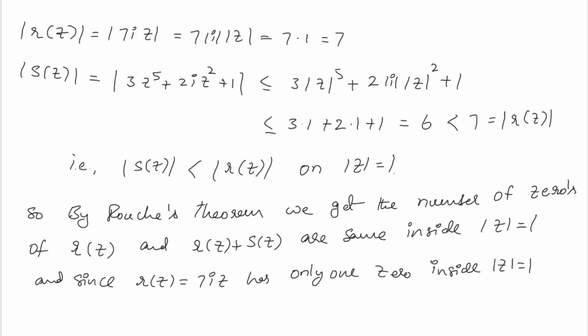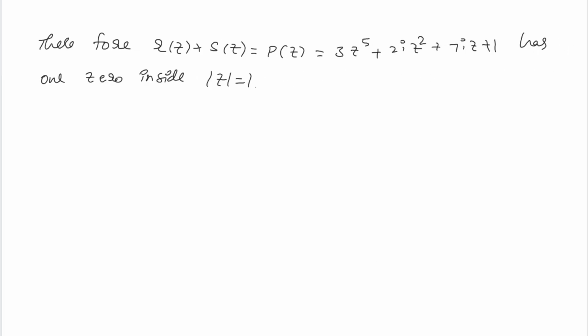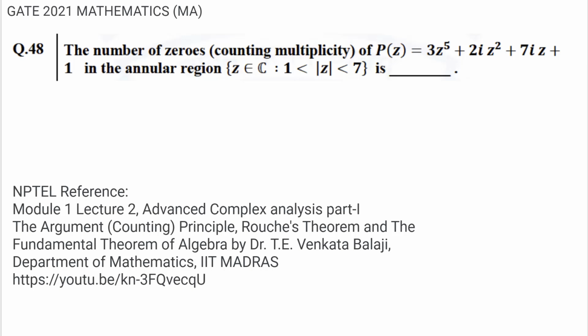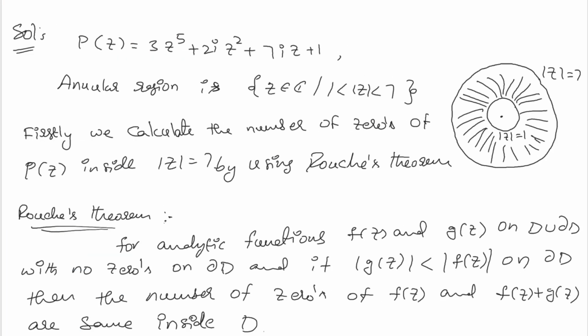So by choosing in this way, we got that the given polynomial p of z has one zero inside mod z equal to 1. But the question asks for the number of zeros inside the annular region. As we have already calculated, the number of zeros inside the circle mod z equal to 7 is 5, and the number of zeros inside the smaller circle mod z equal to 1 is 1.